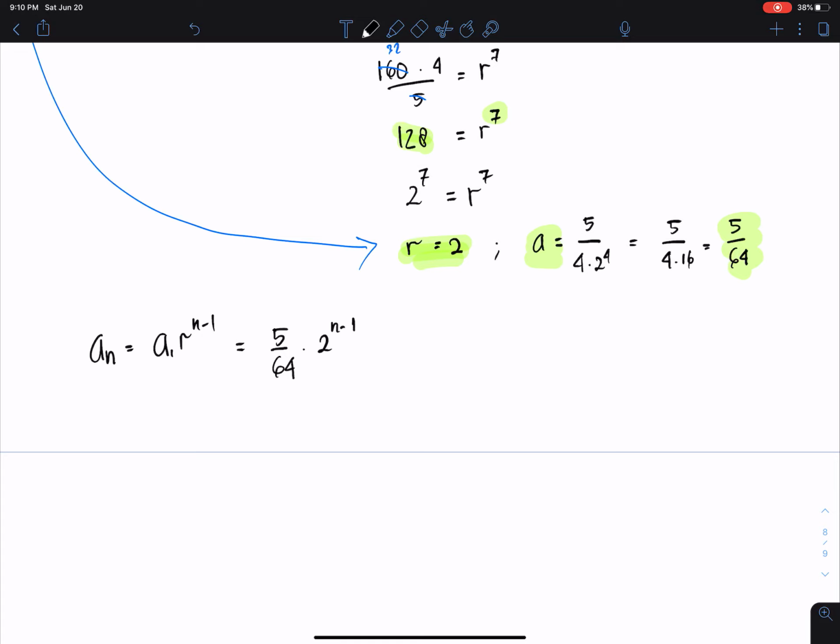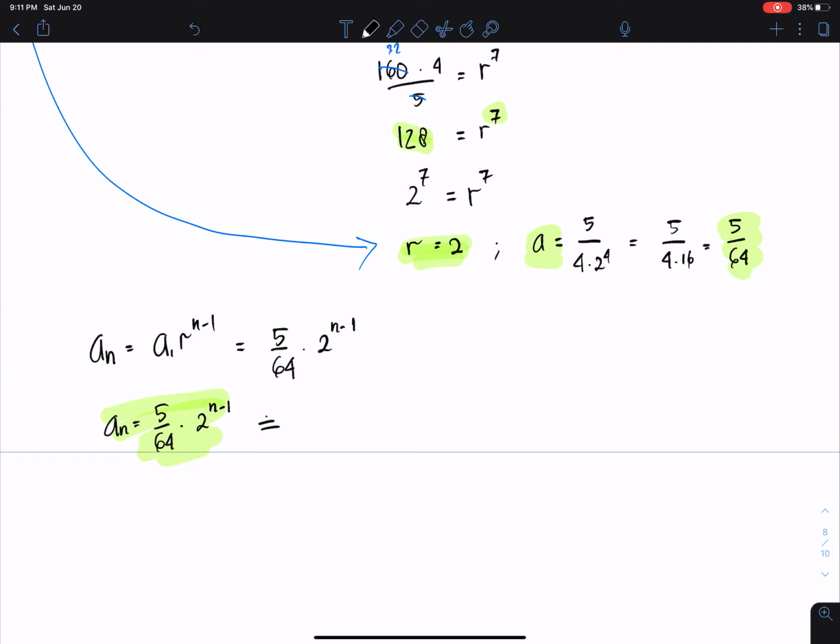You can leave it as it is, meaning 5 over 64 times 2^(n-1). It's fine, but I prefer you simplify this formula, because 64 we can convert into base 2 to some power.